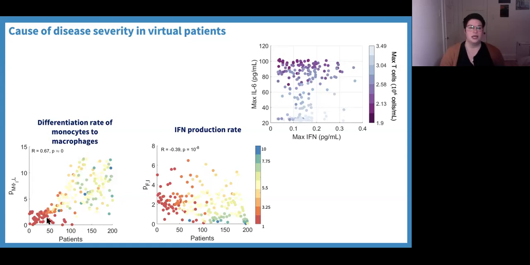And that's interesting because emerging evidence shows that aberrant or poor monocyte responses and different non-classical subsets of monocytes and macrophages are observed in severe patients with COVID-19. And this again was something that we didn't set out to model explicitly, but that came out from our model.